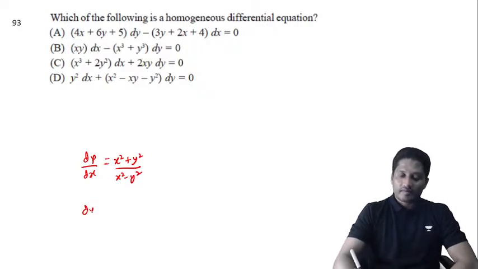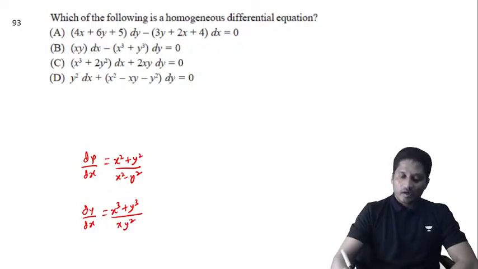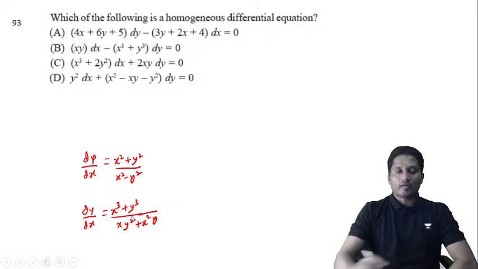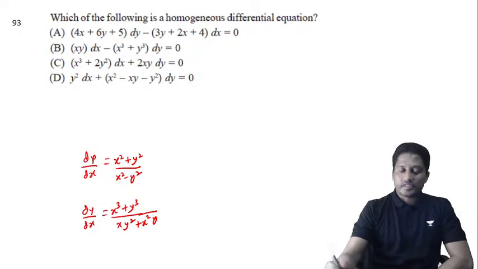Or suppose I take x cube plus y cube as the numerator, a homogeneous function of degree 3. The denominator is also a homogeneous function of degree 3. You write x into y square, powers are added, or I can write x square into y. So numerator and denominator are homogeneous functions of the same degree.